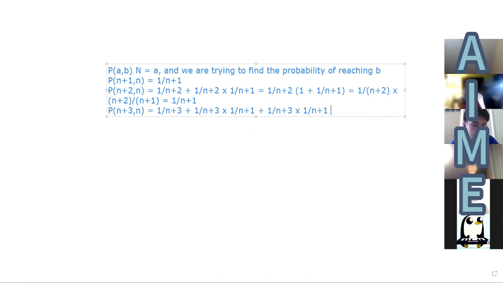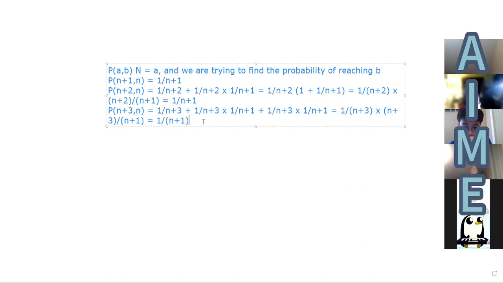And if we add them together, we get 1 over n plus 3 times n plus 3 over n plus 1. Okay, so we see that the probability of this is equal to 1 over n plus 1.